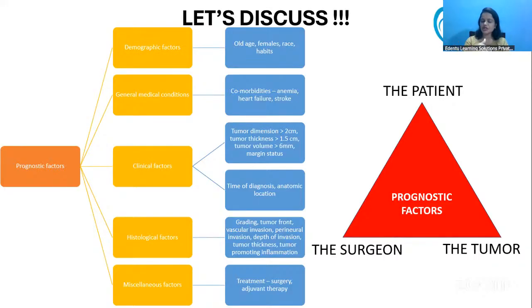Next are the general medical conditions, like comorbidities such as anemia, heart failure or stroke, which can also make the prognosis really bad. Then coming to the clinical features: the dimensions of the tumor, tumor thickness, tumor volume, the tumor margins, the time of diagnosis of the squamous cell carcinoma, and its anatomical location.